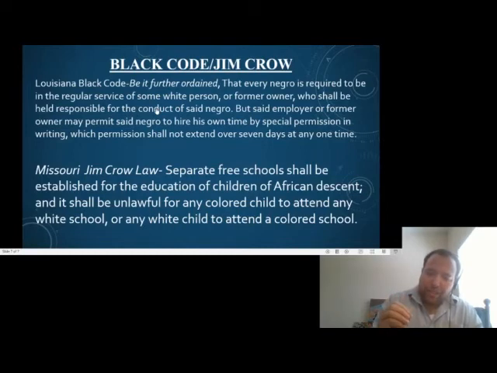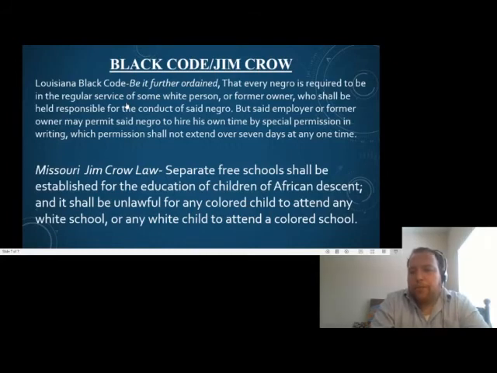In addition to that, they're also going to pass laws to create a sort of separate society for former slaves. You see an example of this in the Black Code. A very popular example is that an African American had to have proof of employment from a white employer.